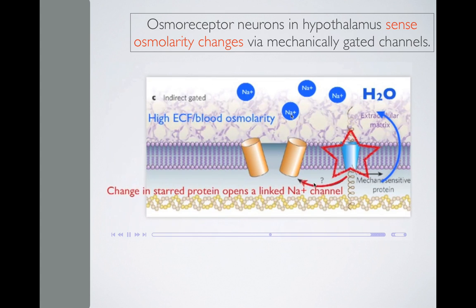If this protein is physically linked with this sodium channel, it can then change the shape of this sodium channel, causing it to open. Sodium from the high blood osmolarity comes in from high to low. That sodium coming in then triggers an action potential, and now this osmoreceptor is super active, firing like crazy.